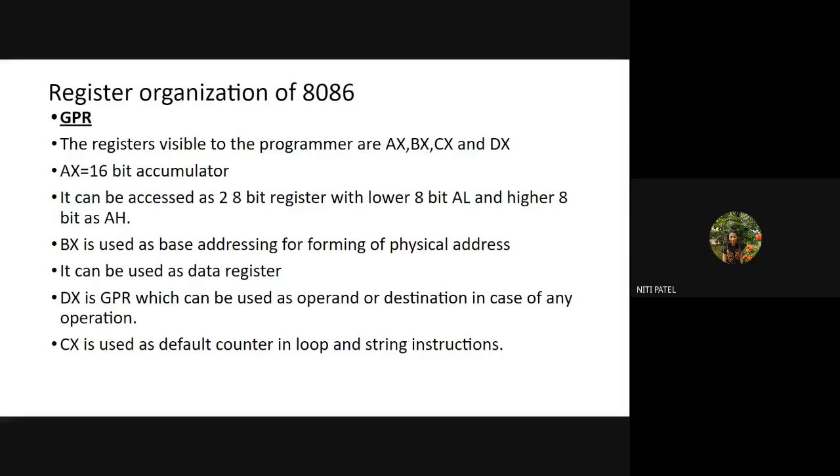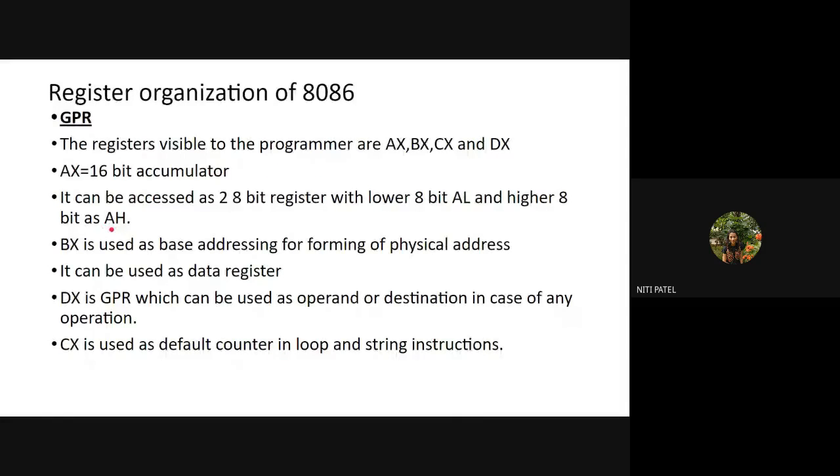Now look at the next point. It can be accessed as 2 8-bit registers. That means I can divide this 16 into 2 8. Correct? 8 plus 8 is equal to 16. So I can use this entire AX as 2 8-bit registers. How? One as lower 8-bit and one as higher 8-bit. तो जो lower है उसको हम बोलेंगे AL और जो higher है उसको हम बोलेंगे AH.